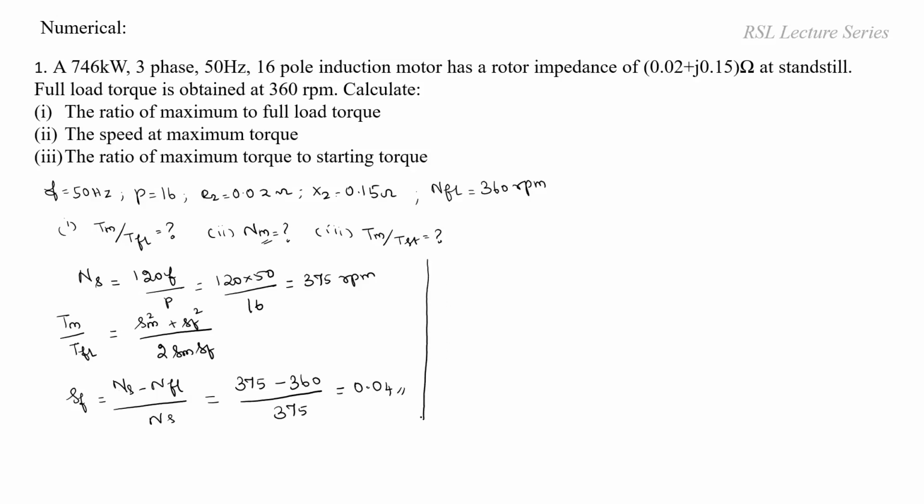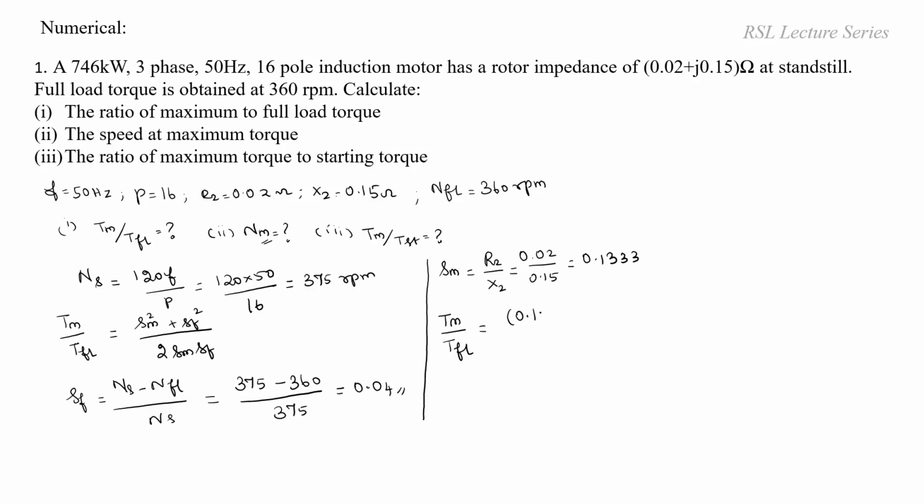So next we'll find out the slip corresponding to maximum torque. So this is given by R2 divided by X2. So R2 is 0.02 and X2 is 0.15. So the slip corresponding to maximum torque will be given by 0.133. Okay. So now we'll substitute in the formula Tm divided by TFL.